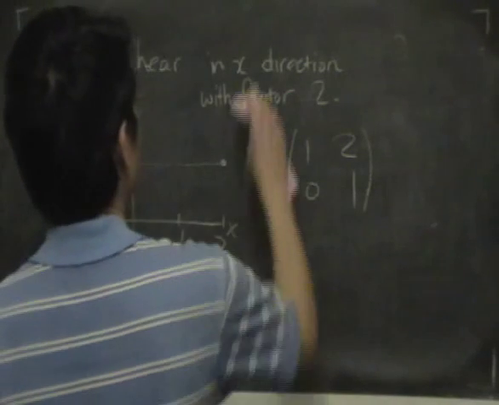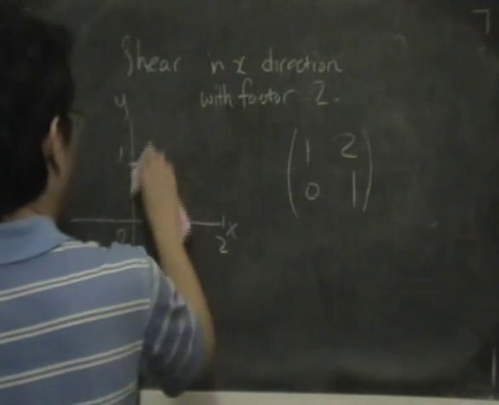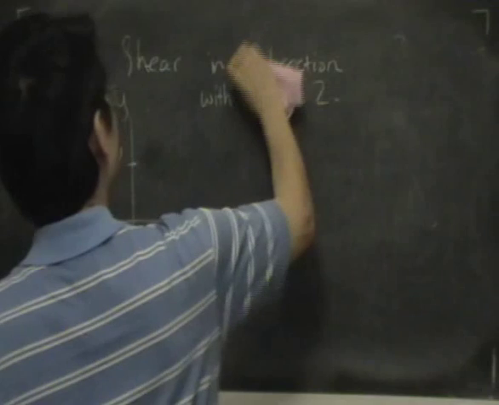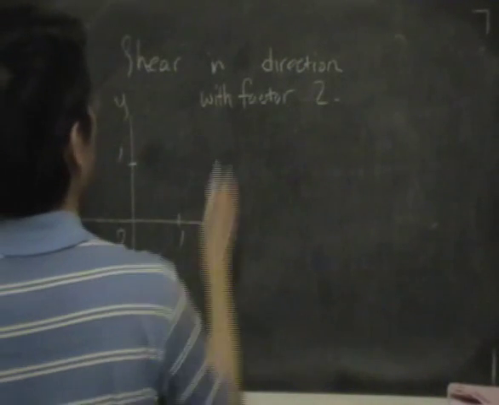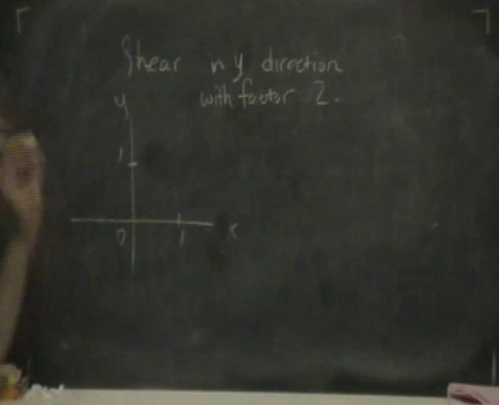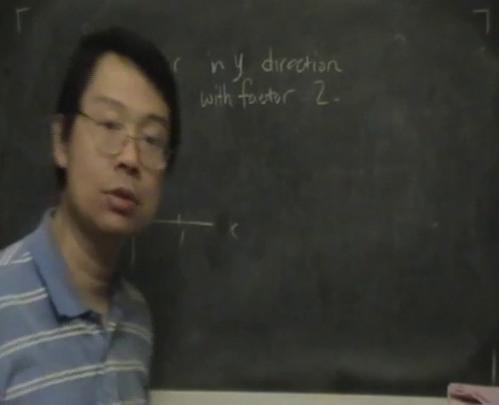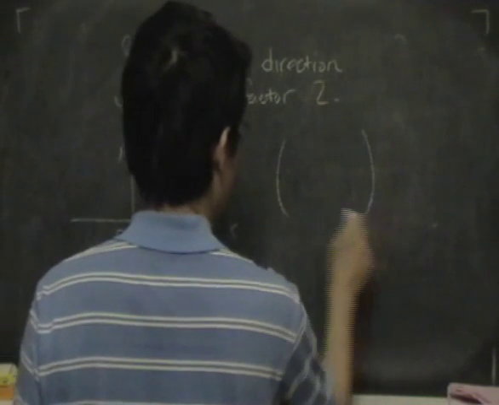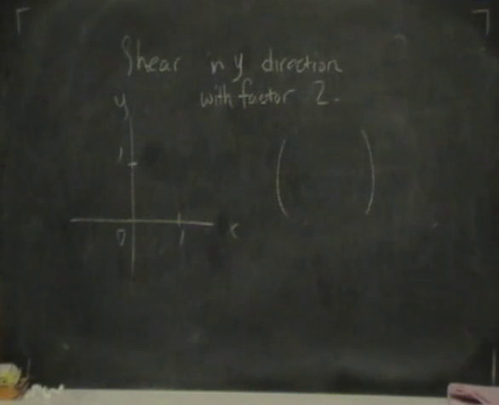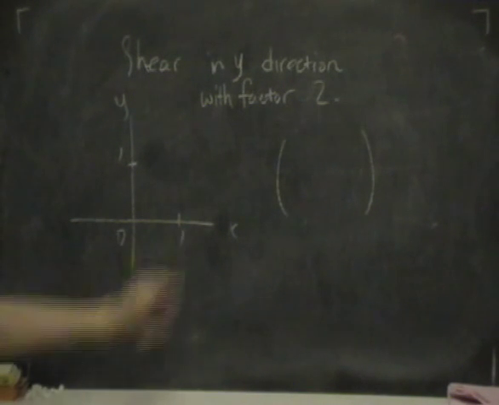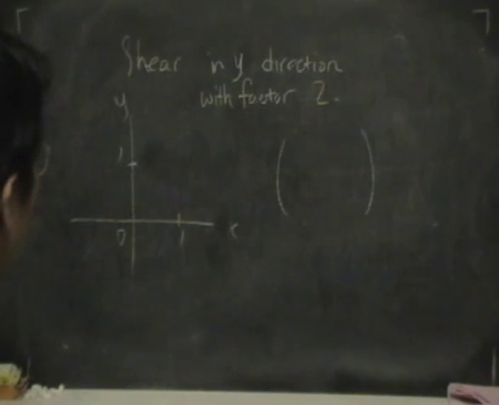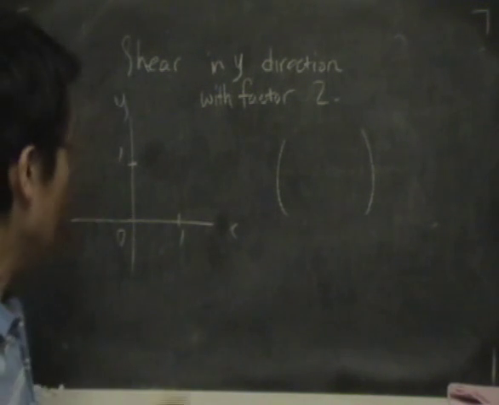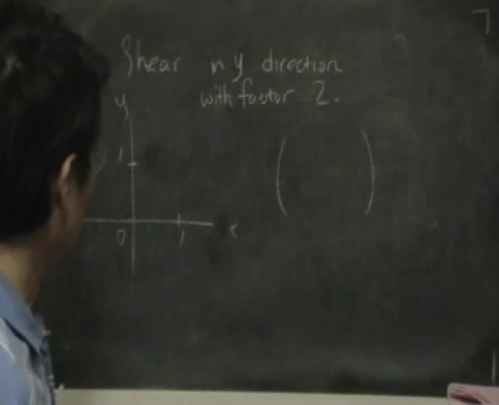Let's do it for the y-axis now. I'll change the x to y. So now we want to look at shear in the y direction with the factor 2. Let's start again. For the first column, I want to look at the image of 1 on the x-axis. Since it's a shear in the y direction, this point should move along the y direction.